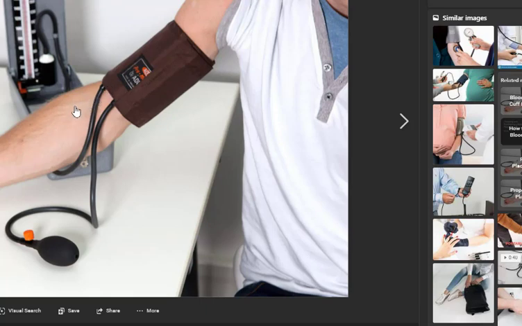So it's running the length of their arm, and I know for a fact that I'm over the radial artery. You need this to be lined up with the radial artery. So it is positioned correctly, because if you follow this down, it would line up correctly. But it's not put on correctly because he's not supposed to have his arm there.